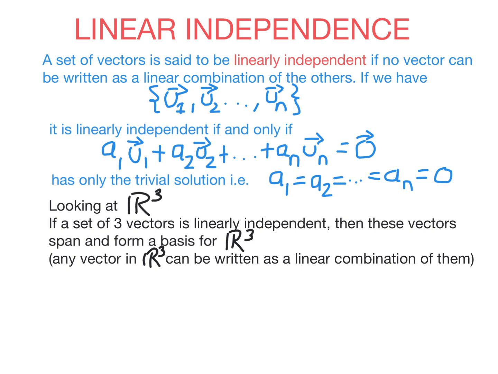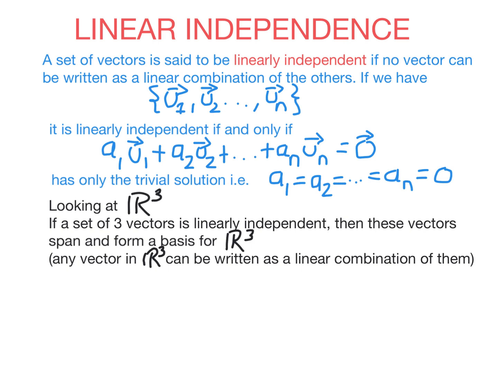Remember, that's basically the set of all points in the Cartesian plane in 3 dimensions. Now, if you have a set of 3 vectors that's linearly independent, then these vectors span and form a basis for R3. What that means is that any vector in R3 will be able to be written as the linear combination of those 3 basis vectors.